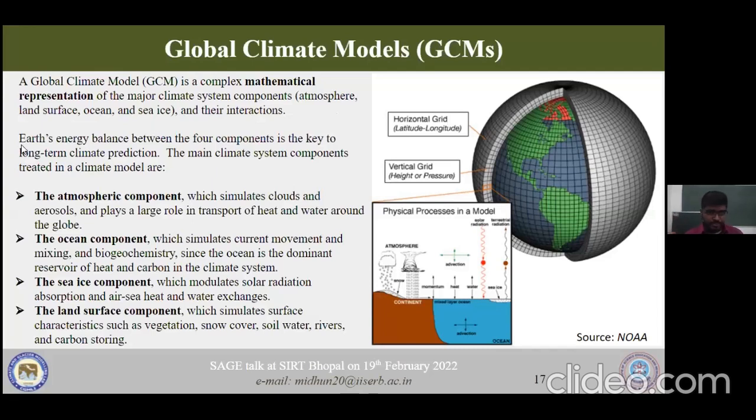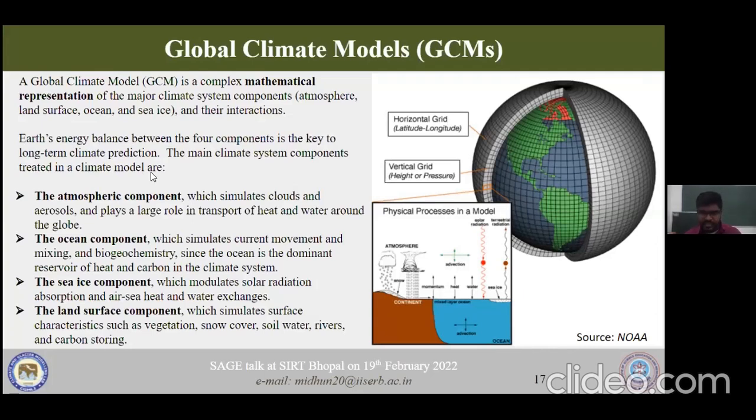In a climate model, what we care about is the energy balance between these components. The energy balance between these four components is the key to long-term climate prediction. With this information, the first step is to conceptualize the scenarios and make forcing according to that, and that's how the climate model simulates.